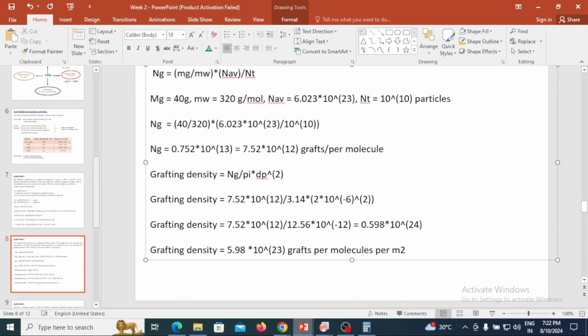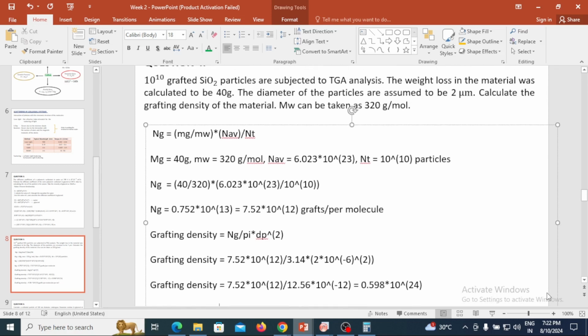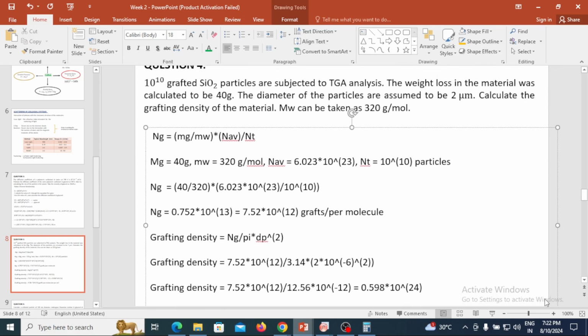So this is a very straightforward question. Here I have given all the values: your weight loss, your MW, the diameter of the particle, and the total number of SiO2 particles present in the system. Then you are just supposed to calculate the Ng value and then the grafting density.